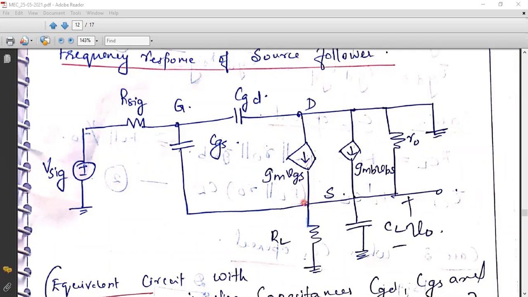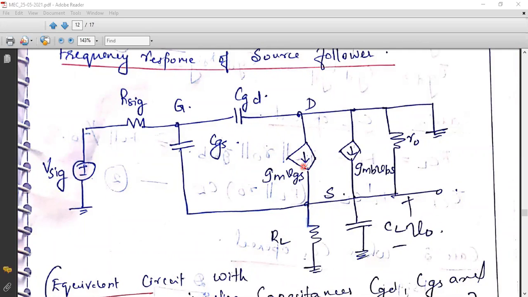I can expect the current to flow from drain to source, which we always represent in this fashion as a dependent current source, gmVgs. It is a voltage dependent current source, an expression for the signal current flowing from drain to source.